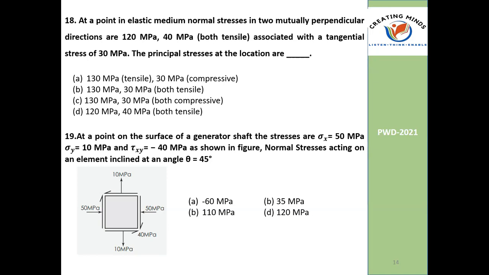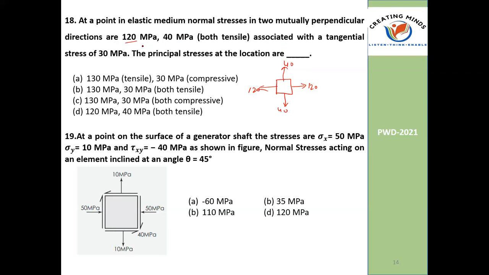At a point in an elastic medium, normal stresses act in 2 mutually perpendicular directions. What is meant by 2 mutually perpendicular directions? This is the case: sigma x and sigma y are tensile. Sigma x is 120 and sigma y is 40, associated with the tangential stress.